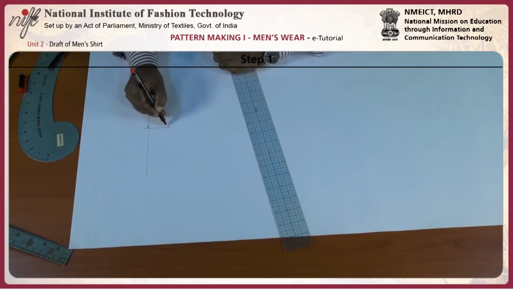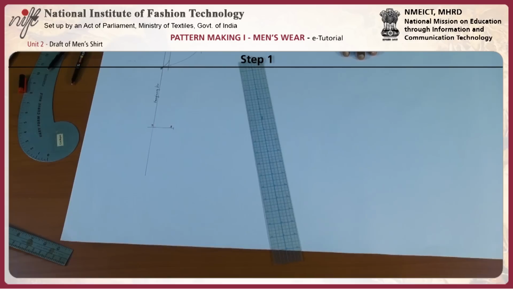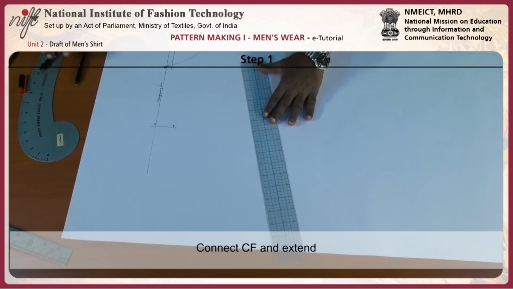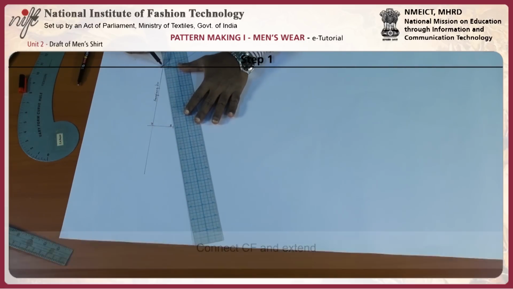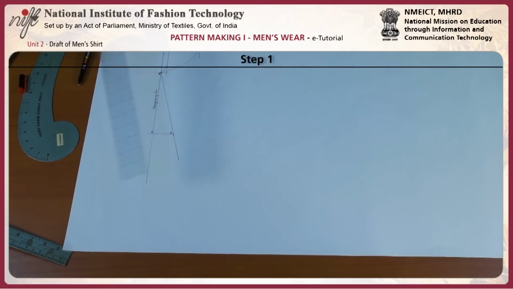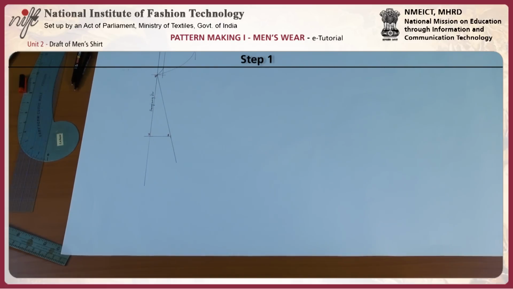I recommend learners to use an HB pencil. Then connect C and F and extend. With this, level 1 is complete.